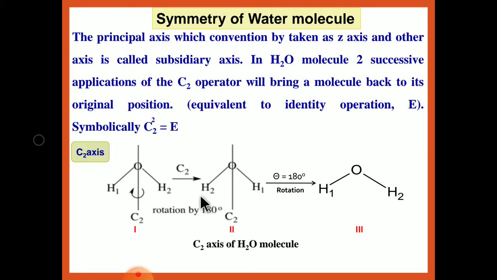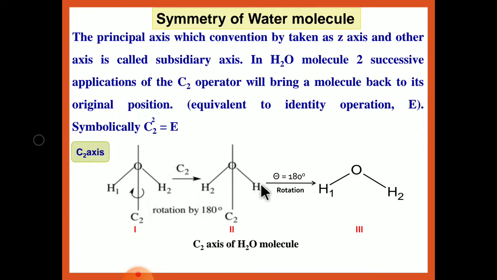So this is the second orientation, and again if we rotate this molecule in a clockwise direction by 180 degrees, then we get the third orientation, that is H1-O-H2, which is exactly identical with the first orientation.